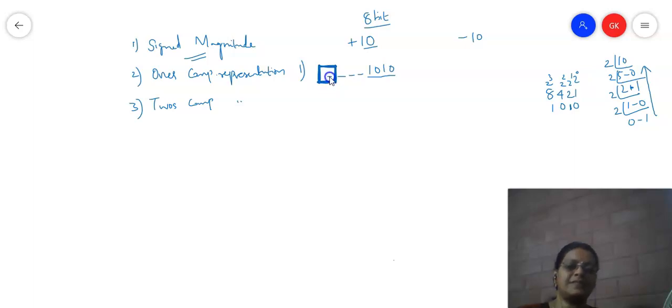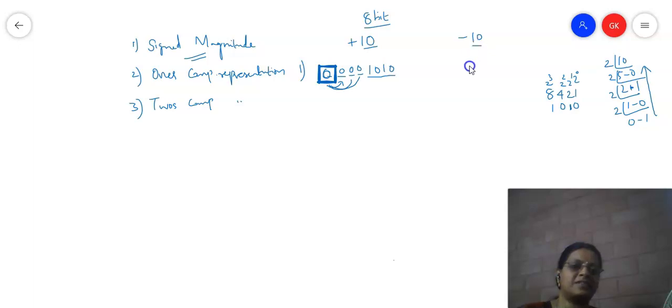The MSB is always reserved for the sign bit, and if it is a positive number, it is always 0. 0 represents positive, and all the remaining unused bits are extended with the sign bit content. So here I will pad with 0, because the sign bit is 0. This is the signed magnitude representation of plus 10. Hope it is clear. Now we will see the signed magnitude representation for minus 10. Again for minus 10, first write the magnitude.